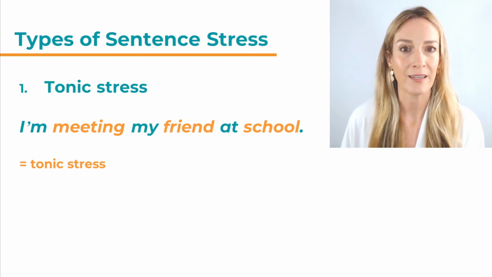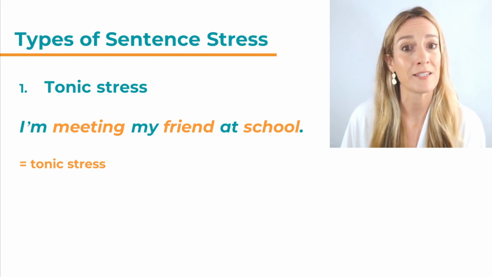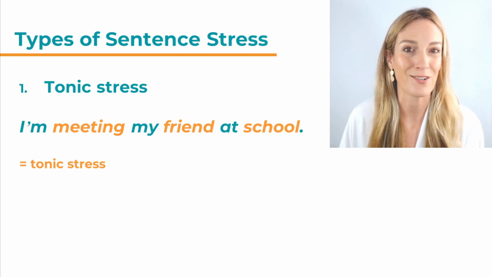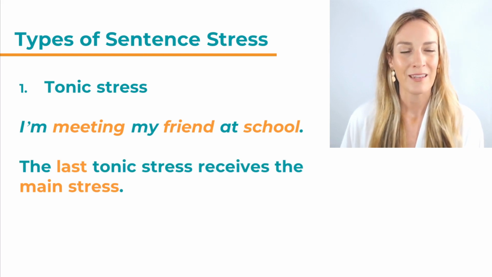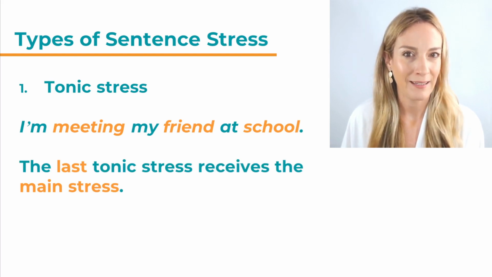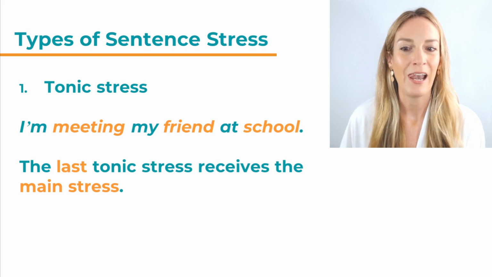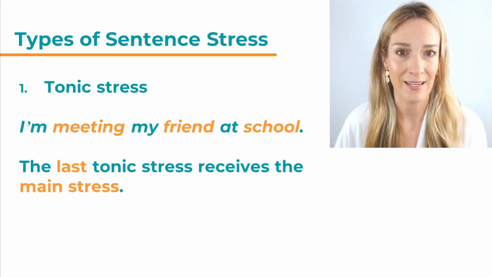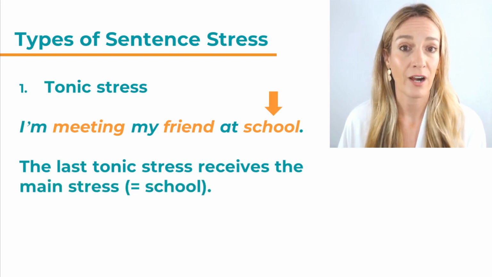Now, meeting has 2 syllables. We would stress the first one, meeting. Friend, school, there's only 1 syllable, so those are the ones we stress. Now, there's another thing at play here. Usually, the last tonic stress receives the main stress in this utterance. And so for us, that word would be school.